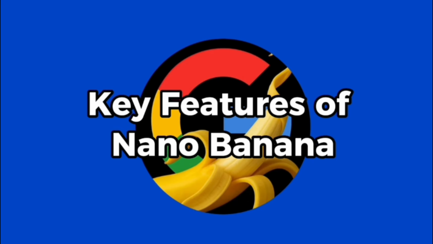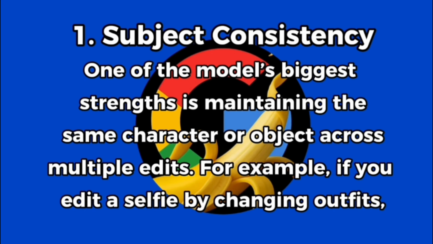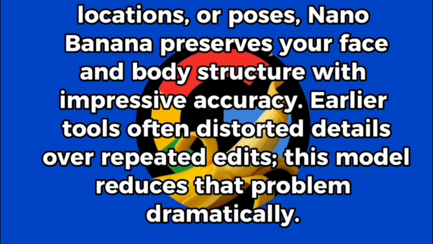Key features of Nano Banana. 1. Subject consistency. One of the model's biggest strengths is maintaining the same character or object across multiple edits. For example, if you edit a selfie by changing outfits, locations, or poses, Nano Banana preserves your face and body structure with impressive accuracy. Earlier tools often distorted details over repeated edits.